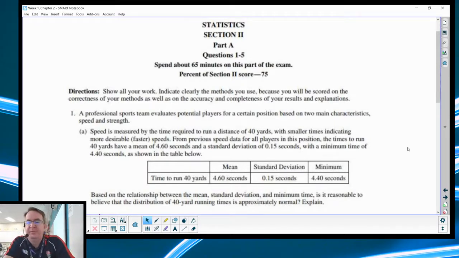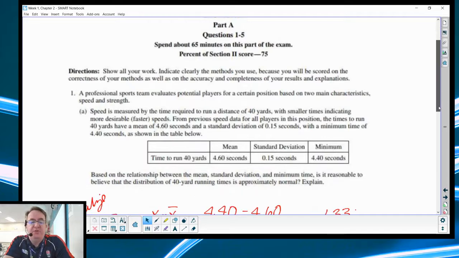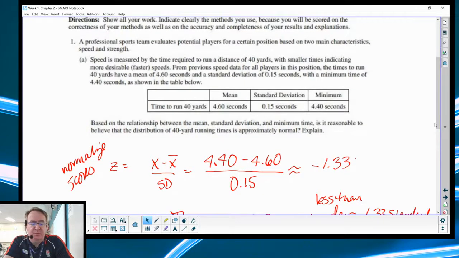All right, so the first thing, if it's going to be normal, we have to see where the z-score would fall, right? So what would the normalized score for that minimum be? Because if it's down like 2.5 or 3, then we say, okay, yeah, it's probably somewhat normal. Just like what we've talked about all year, I've got the formula, numbers plugged in, away we go.